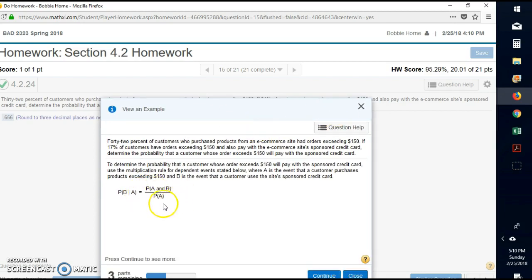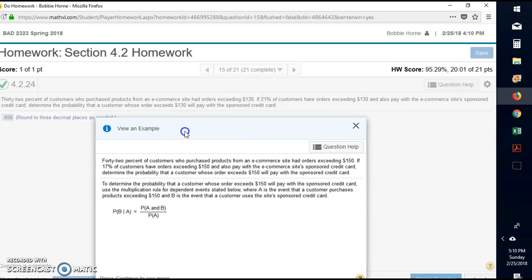So we're going to use this formula. The probability of A and B occurring would be this 21% divided by the probability of just A occurring, the probability that they had an order of $130 or more, and that would be 32%.